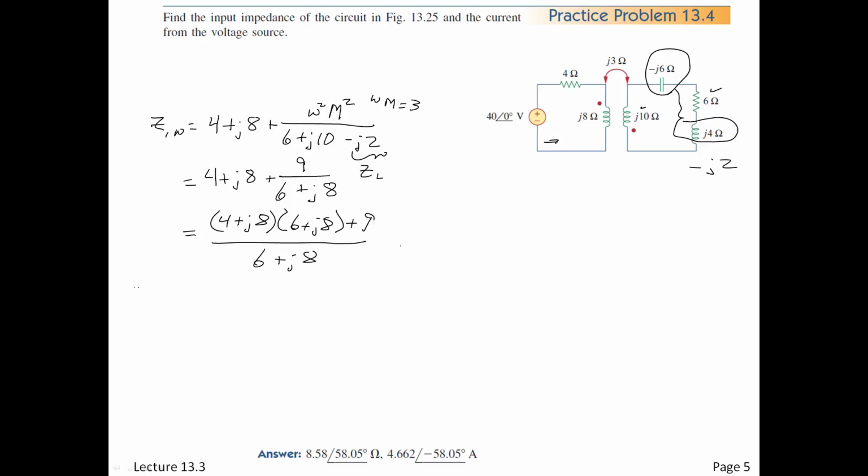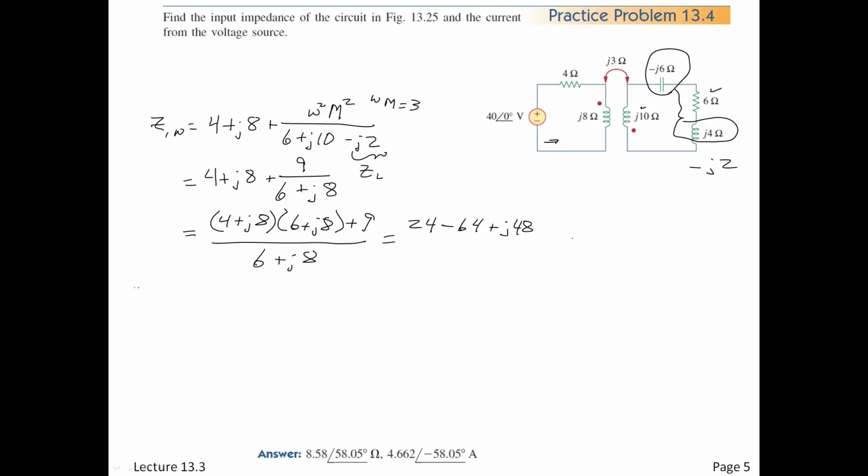Okay? And so if we do the math quickly, we got 4 times 6 is 24. Then the j squared times 8 squared is going to be minus 64. Then j8 times 6 is j48. And then, let's see, I lost track.